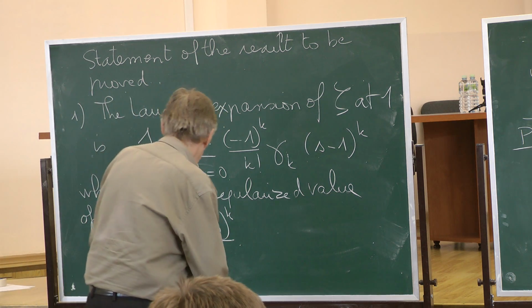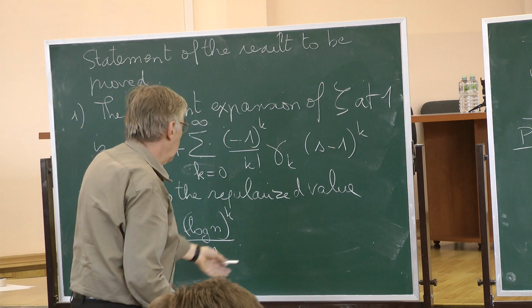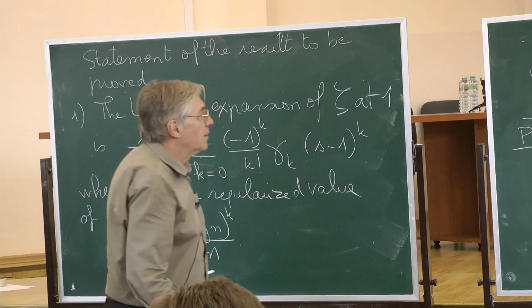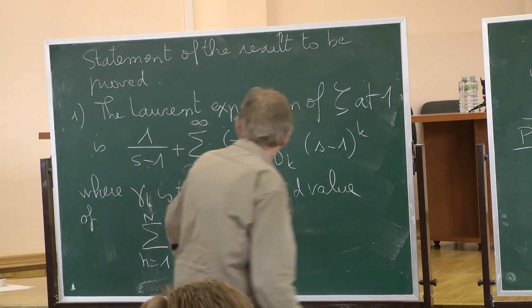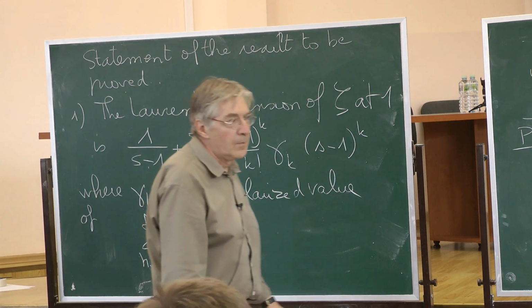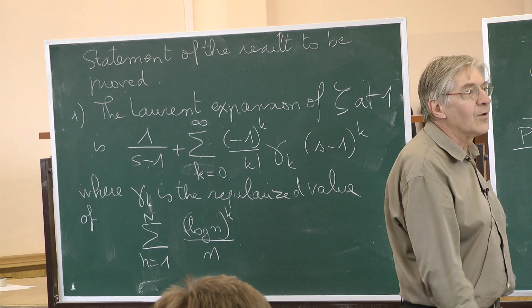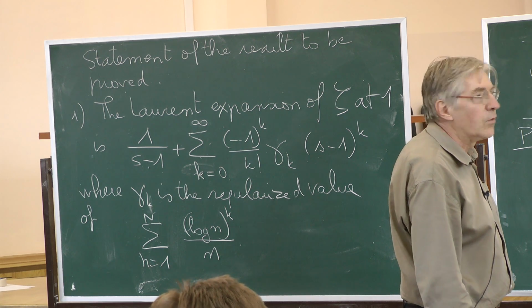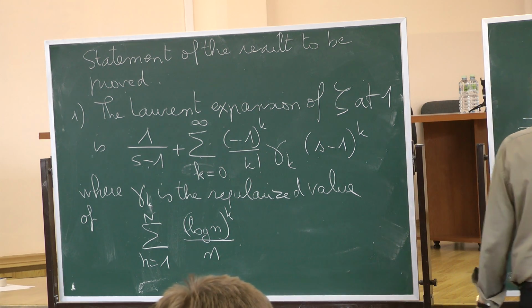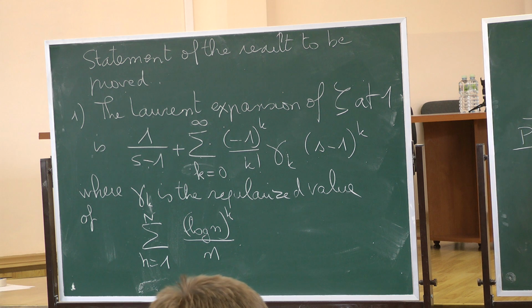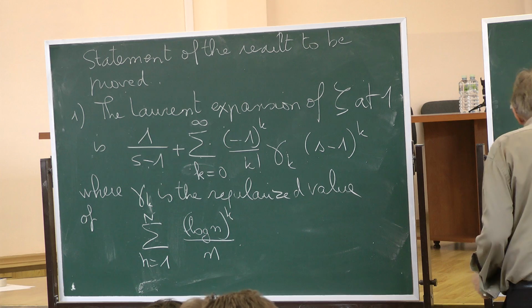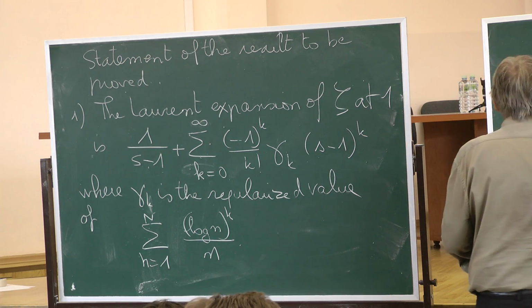So, more precisely, when I say the regularized value, it means that you can remove from this sum a polynomial in capital N and log N, such that when you remove it, you will have the limit, a polynomial without constant term. And I just write exactly what is the polynomial that you will need to remove.